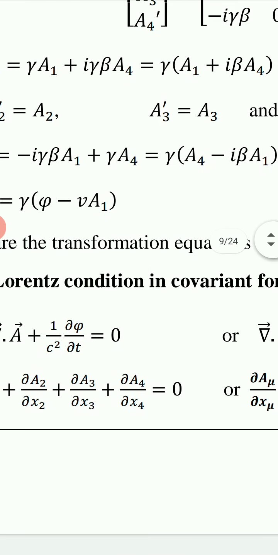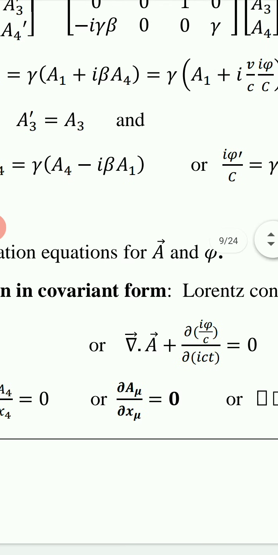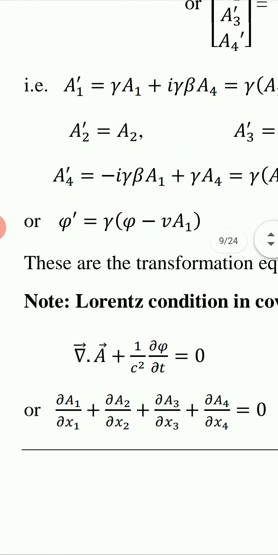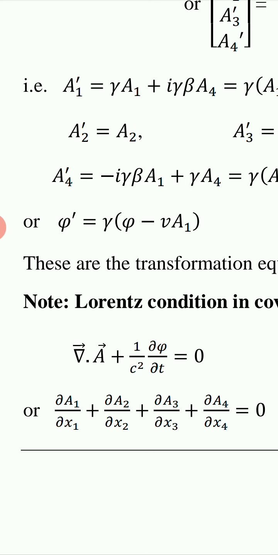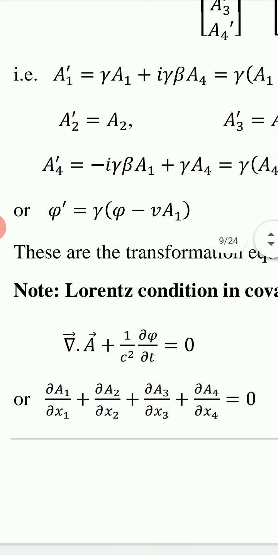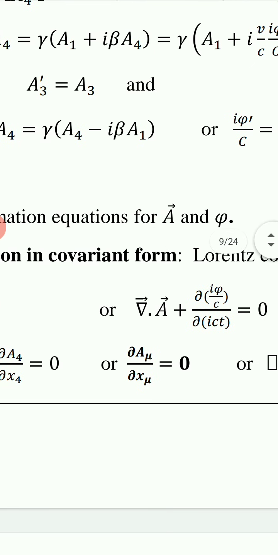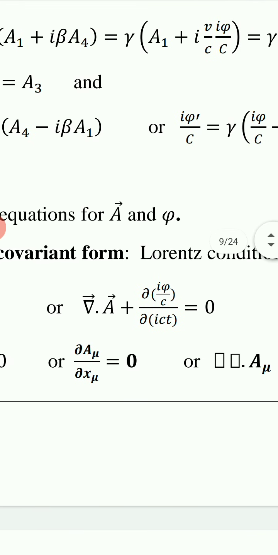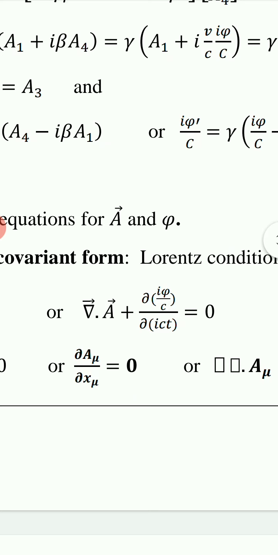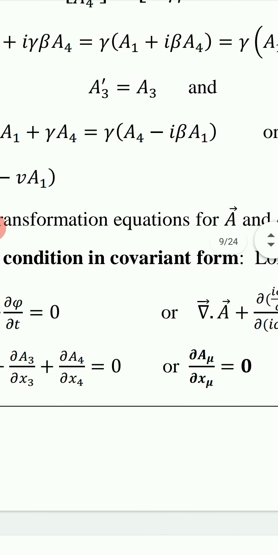Lorentz condition in covariant form. Lorentz condition is this: del dot A plus 1 upon c square delta phi upon delta t. This can be written as del dot A plus delta i phi upon c upon delta ict.